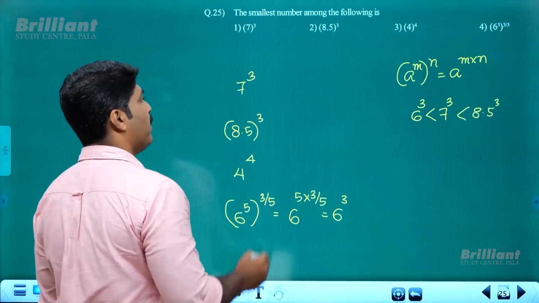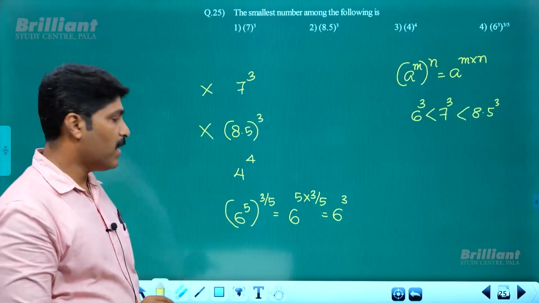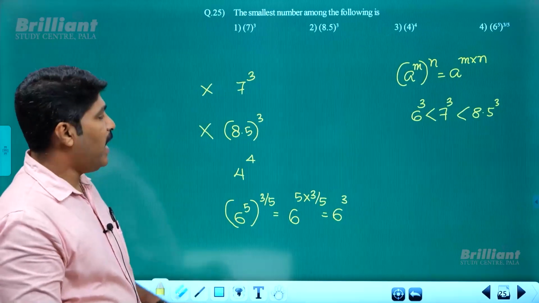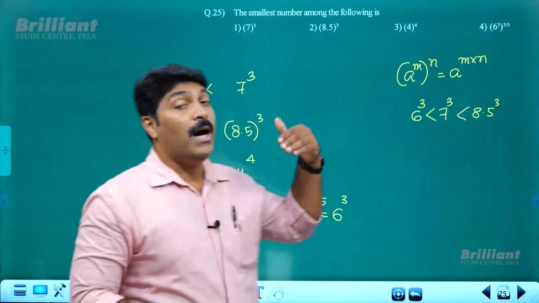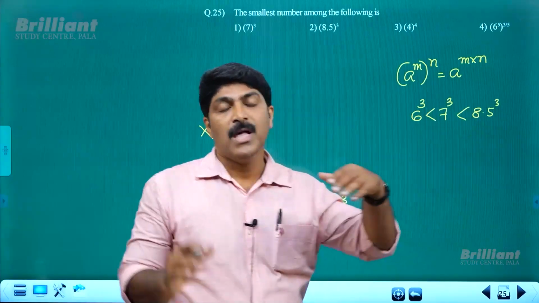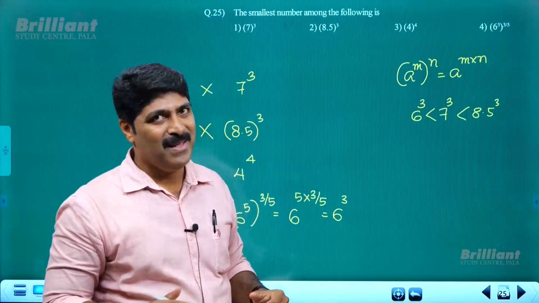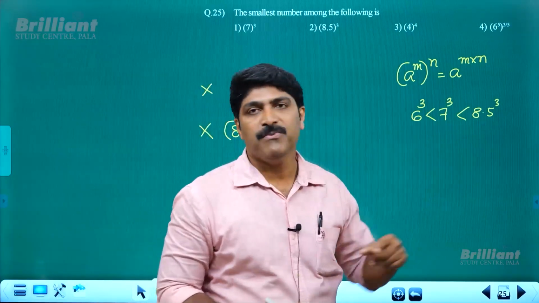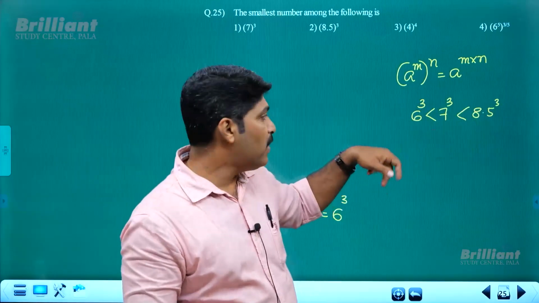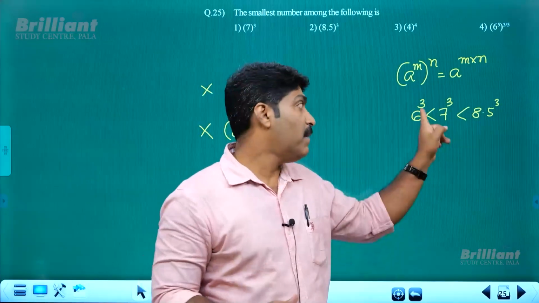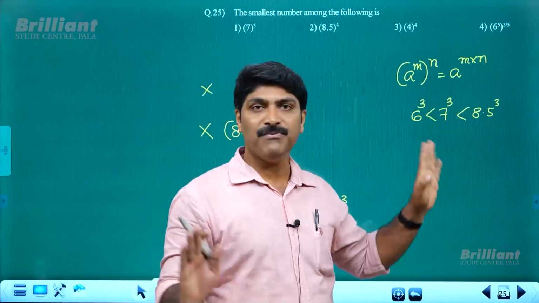Therefore we are sure that 7 cube and 8.5 cube are not the least. Here the exponents are the same, so based on the base values we can conclude that this base is lesser than all the rest. Therefore 6 cube is the least among these values. No doubt, 6 cube is the least among these values.